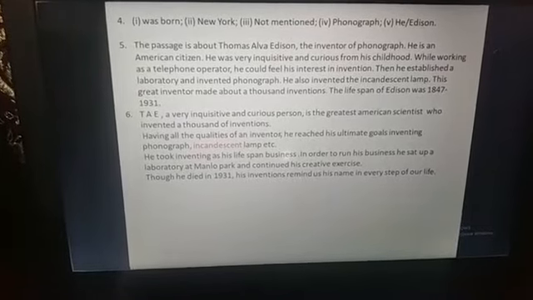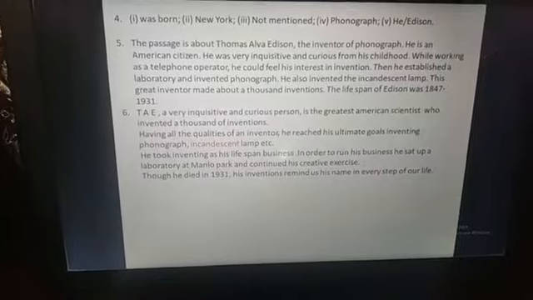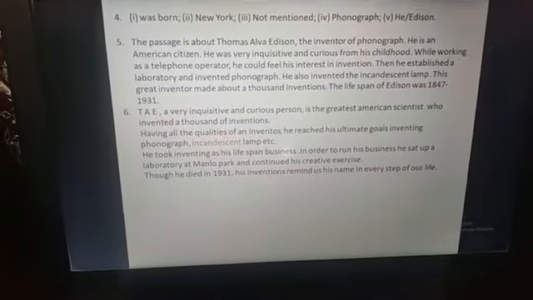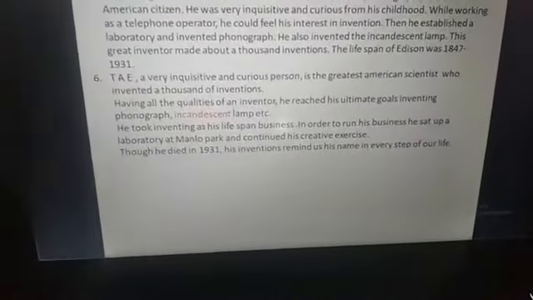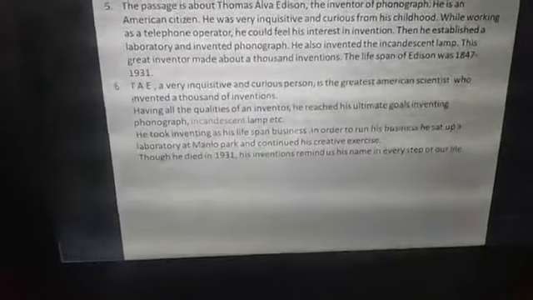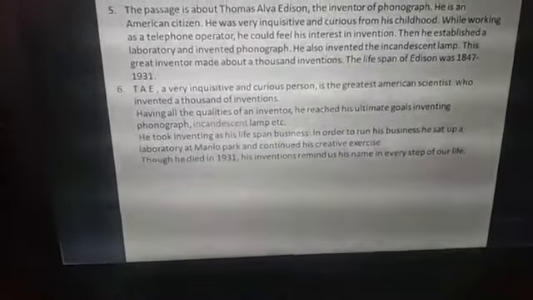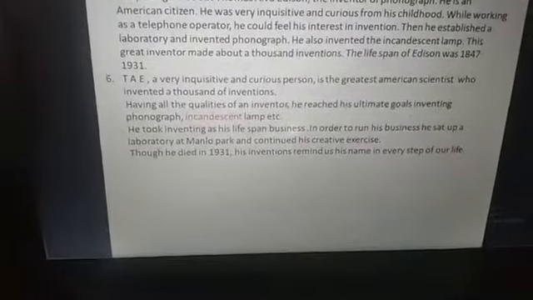But number 6, I have written for this passage. I have written a summary for this passage. You just look at it and try to follow this summary to form any summarization. Okay, my dear student, here I write a main idea. Number 1, TAE means Thomas Alva Edison.